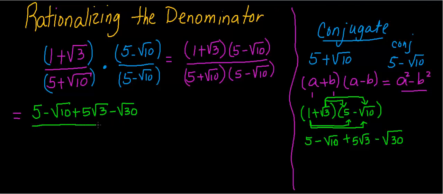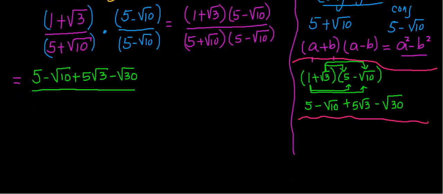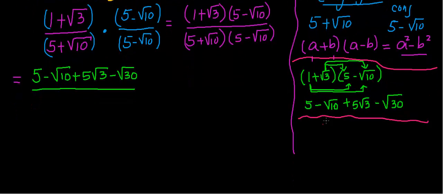In the denominator, if I go ahead and take the denominator now, I'm going to come here off to the side, and I'm going to use FOIL, even though I know that it's going to equal this shortcut, just to show you. 5 plus the square root of 10 times 5 minus the square root of 10.